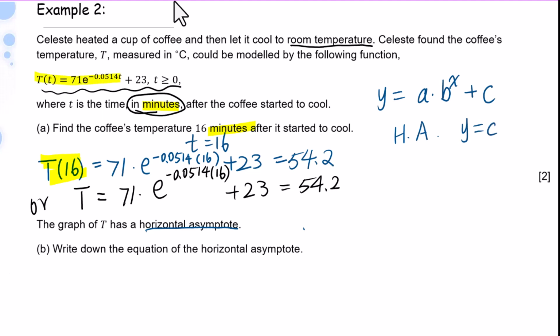So go back to this function. We do know the constant number is 23. Equation, you have to write down y equals 23. You cannot just write down 23.